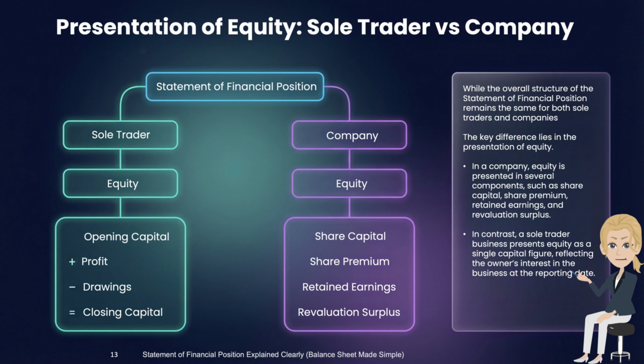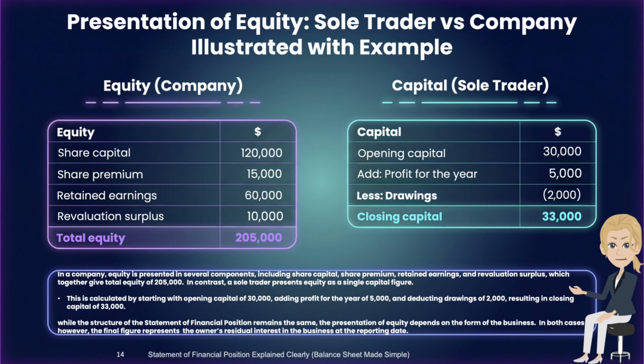In contrast, a sole trader presents equity as capital, representing the owner's residual interest in the business at the reporting date. This distinction can be clearly observed in the following illustration.